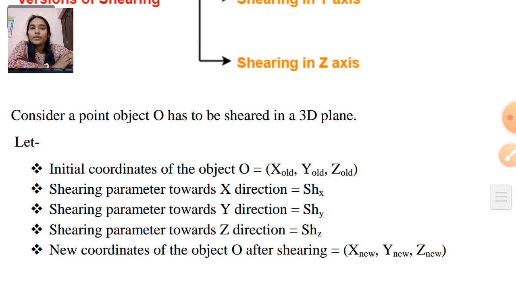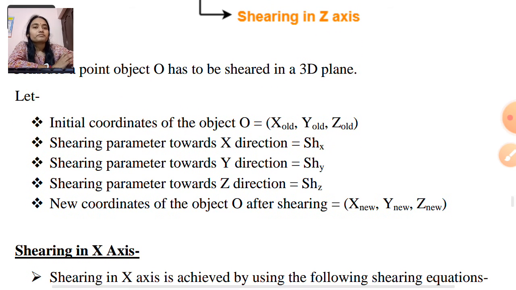Consider a point object O to be sheared in the 3D plane. Let the initial coordinate of the object O be x old, y old, z old, that is the x, y, z coordinate position.